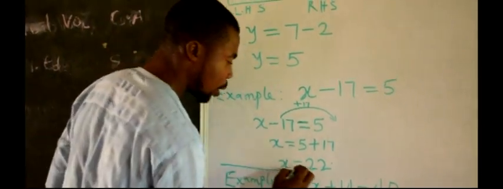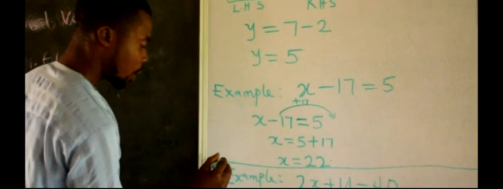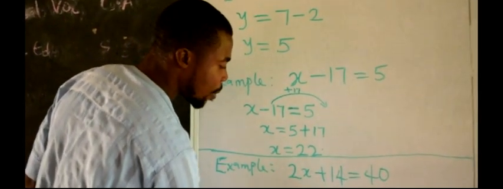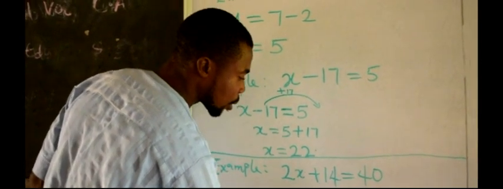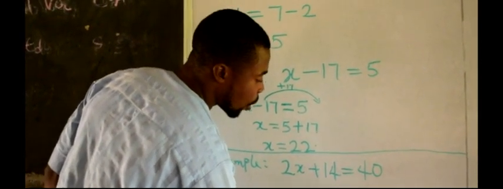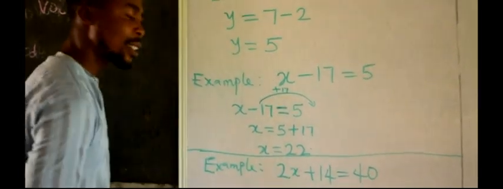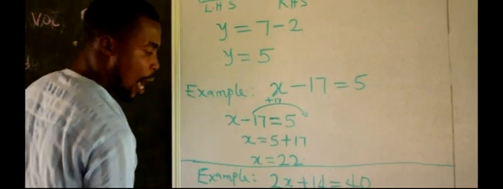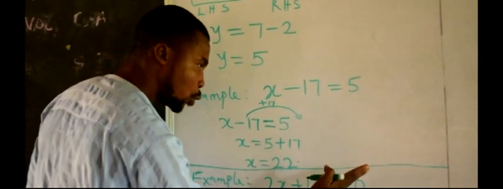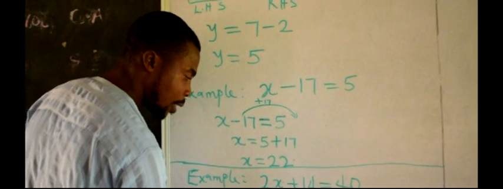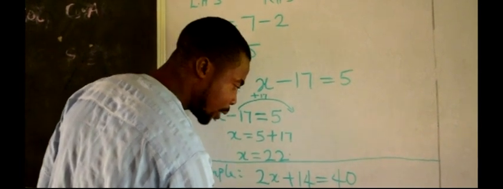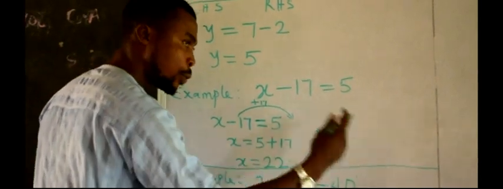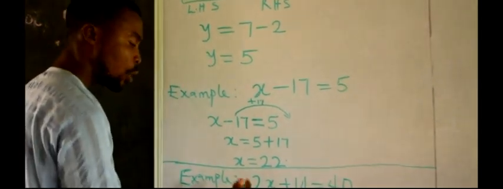By using the method I have taught you, firstly, locate the left hand side and the right hand side. This is your right hand side, this is your left hand side. And the number will go to the right hand side, changing the sign. While it moves to the right hand side, it will change sign.